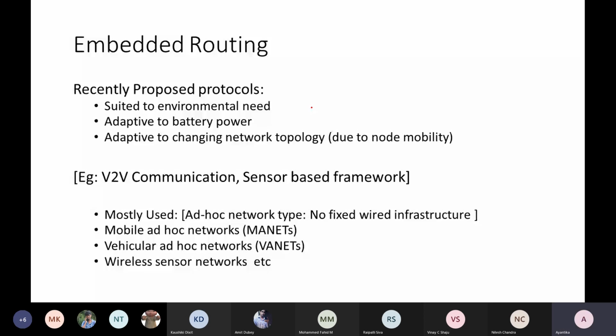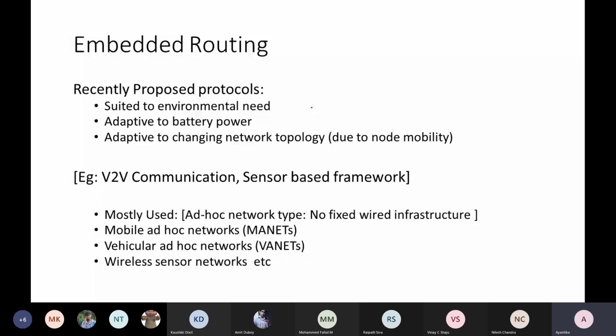So in this embedded routing, we will discuss in detail one protocol that is the amalgamation of two protocols. One is the optimized link state algorithm that is heavily used in mobile ad hoc networks, and another algorithm that we will discuss later comes from the concept of wireless sensor networks.